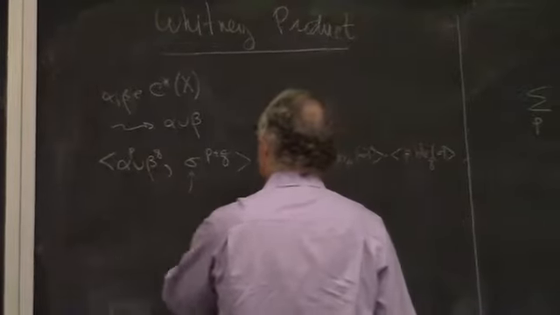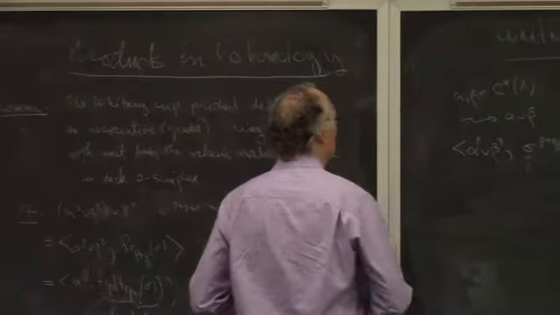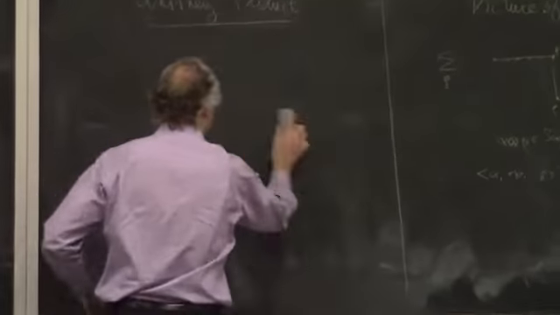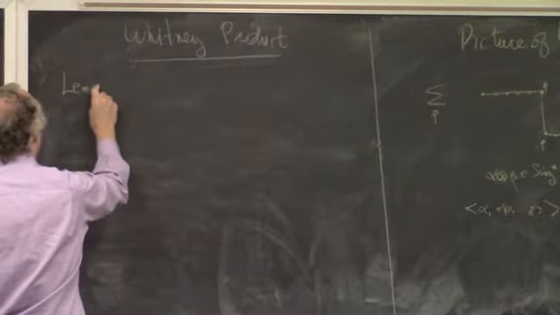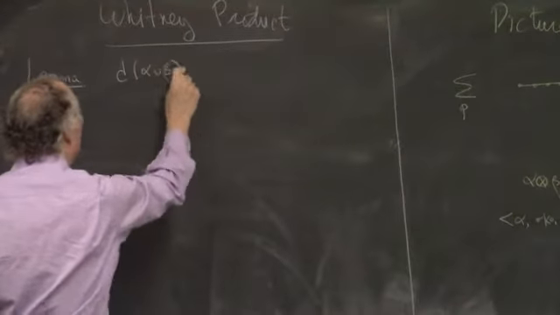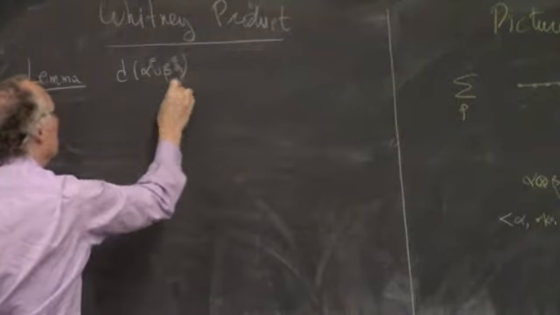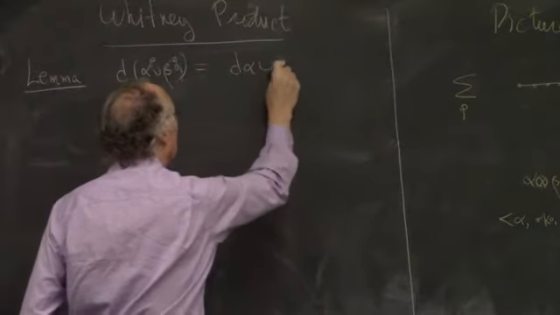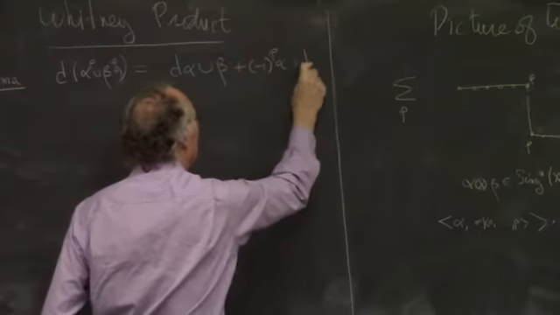The next thing to see is if this formula behaves well with respect to the differential. So that's a slightly more non-trivial lemma. It says the differential, the coboundary of alpha cup beta, where this is a P and this is a Q, is d alpha cup beta plus minus 1 to the P alpha cup d beta.